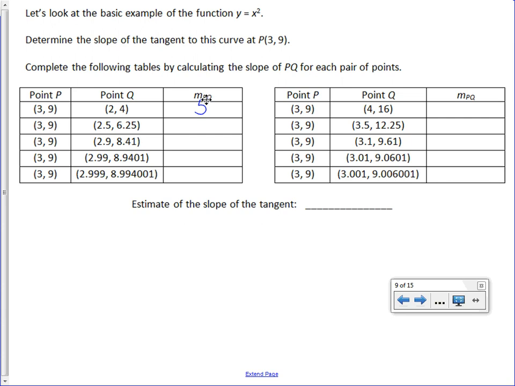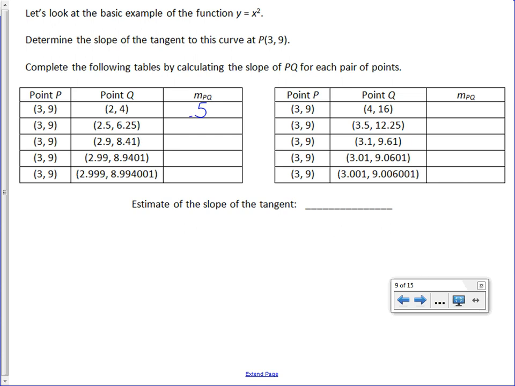Okay? And then if I do 6.25 minus 9, and then divided by 2.5 minus 3, and again, if you want to try to do this all at once, you should be using brackets around the numerator divided by brackets around the denominator.